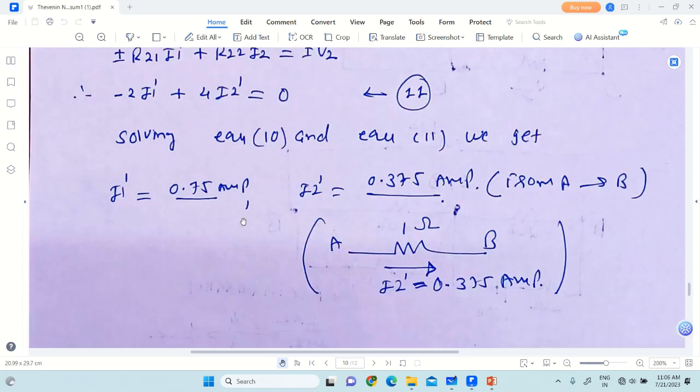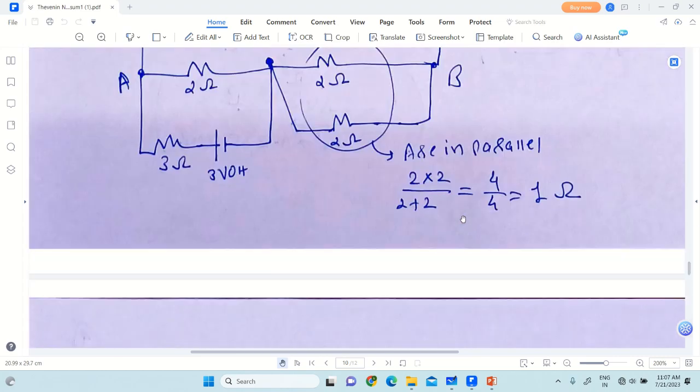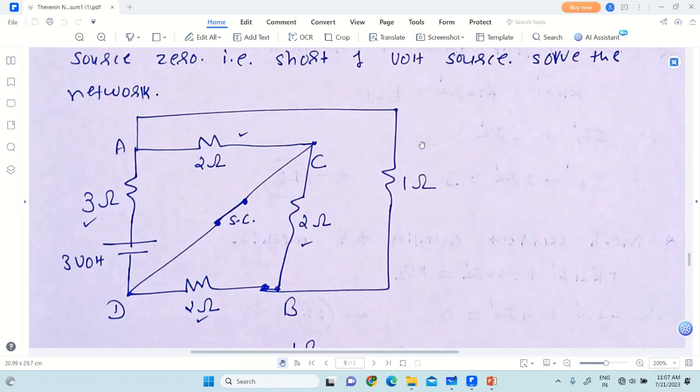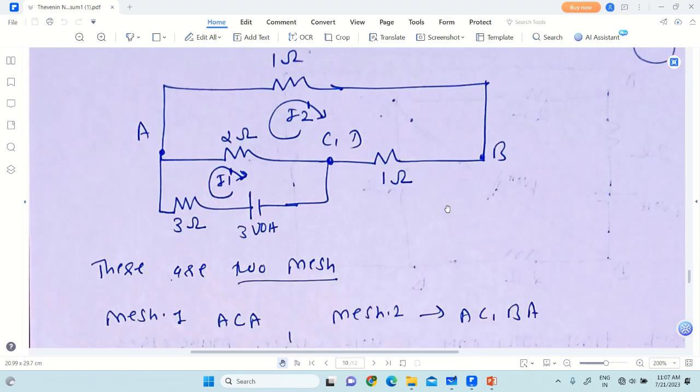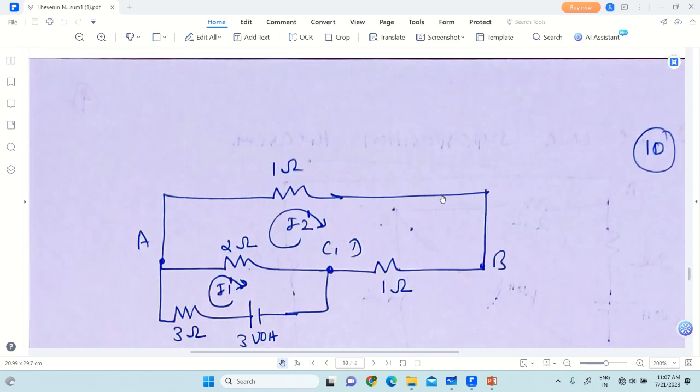You obtain I1 dash as 0.75 amps and I2 dash as 0.375 amps, right? And we are interested in finding the current through the load resistance, and the load resistance is 1 ohm, which is connected between A and B, right? So which current is flowing through the 1 ohm resistance?